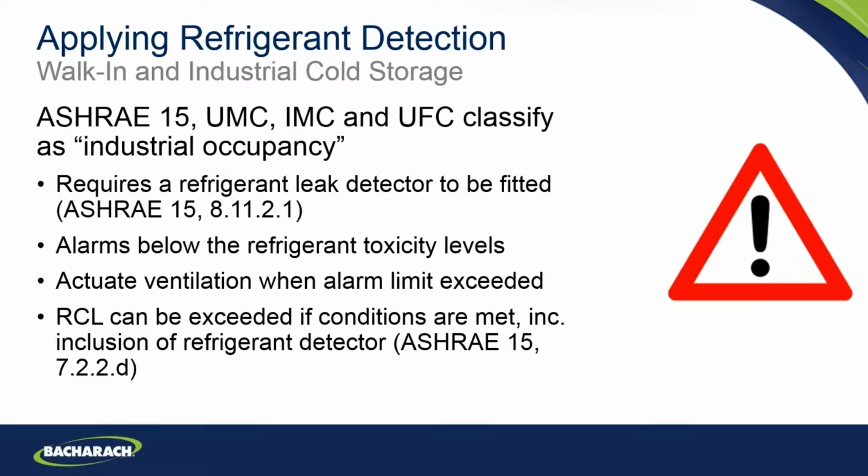The toxicity levels of refrigerants are generally very high, but the ASHRAE specified refrigerant concentration limits can be typically driving to monitor around 1,000 parts per million of a typical HFC or HFO refrigerant, so much higher than the 1 ppm level that we discussed earlier.